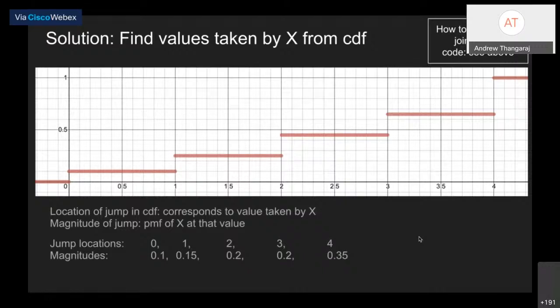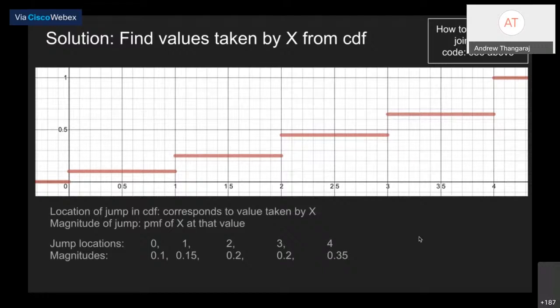You can sort of reverse it to go from PMF to CDF also. If I gave you the PMF, how would you go to the CDF? You have to keep cumulatively adding. Less than 0, it will be 0. From 0 to 1, it will be 0.1.